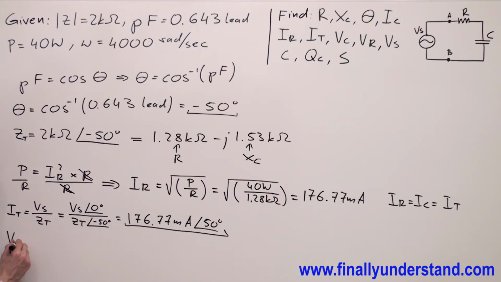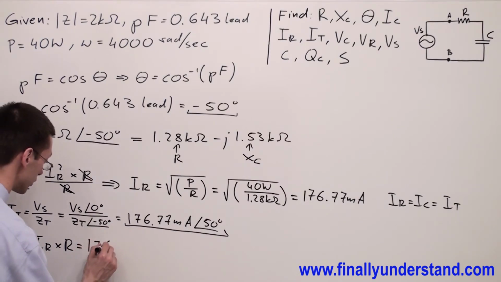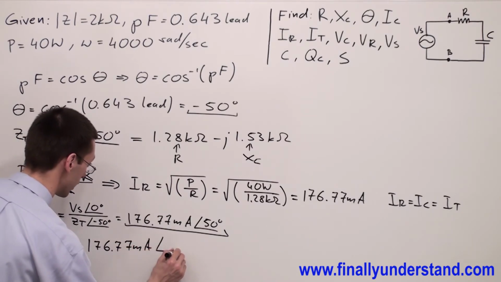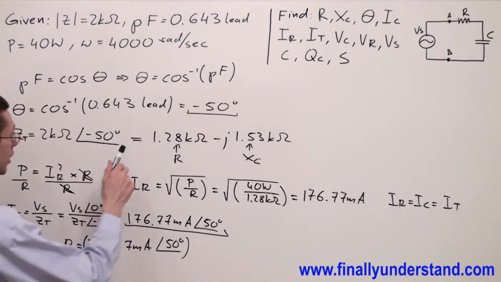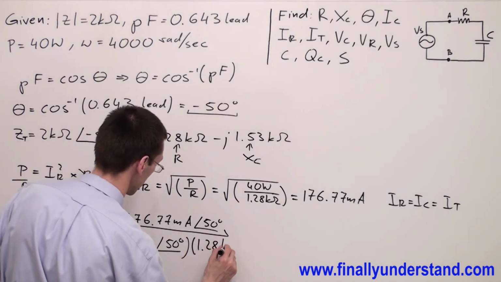Voltage across the resistor is equal to the current which goes through the resistor times the resistance, where IR is equal to I total, which is equal to 176.77 milliamps, and angle of 50 degrees, times the resistance, which is equal to 1.28 kiloohms.